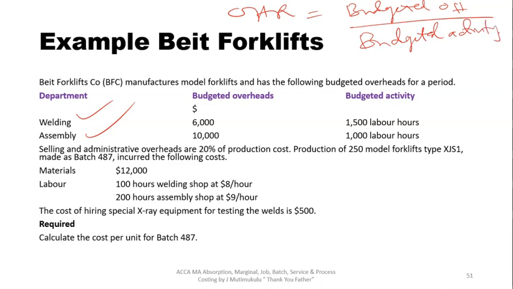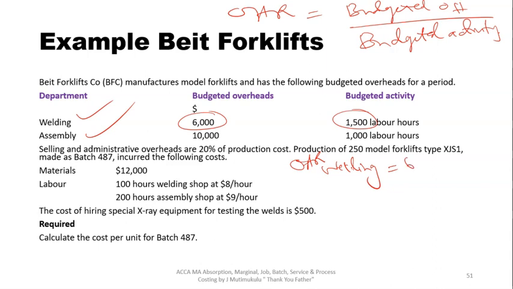Okay, that's the information which we should use in our computation. So for the welding department, OAR welding is equal to budgeted overhead divided by budgeted activity.